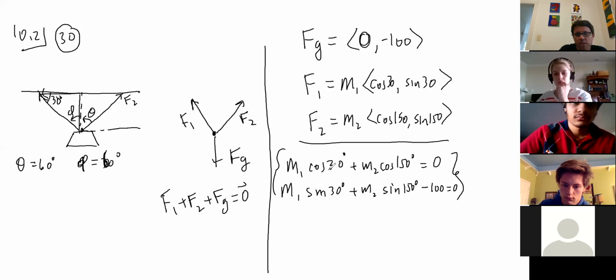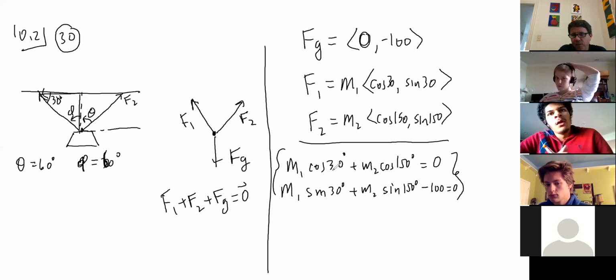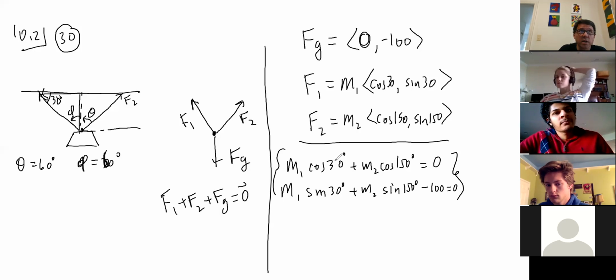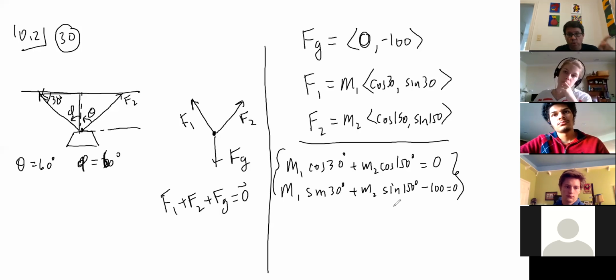And you can probably solve that out. Let's see, we get lots of square root 3 over 2 in some, and halves in some of the others. The cosine of 30 is square root 3 over 2. The sine of 30 is a half. The sine of 150 will also be a half.